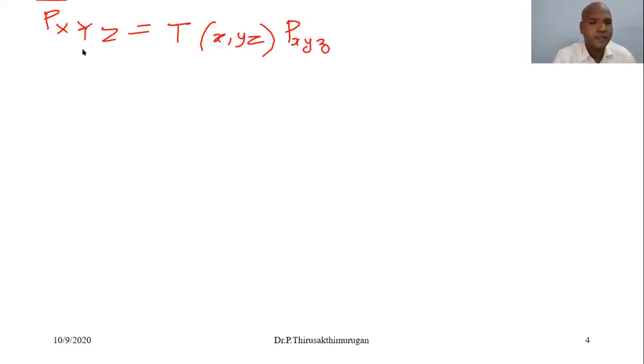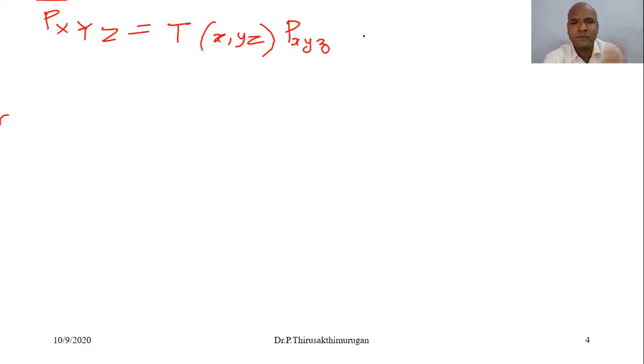Here, capital P x y z is the point on the world coordinate space. Small p x y z is a point on the body frame.